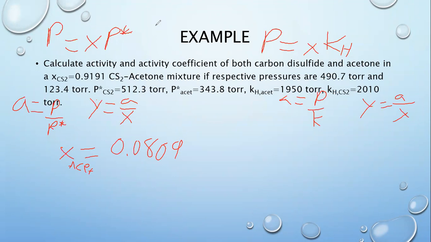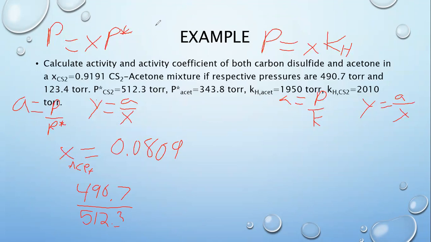Now the respective pressures. Let's start with CS2. The activity of this is 490.7 divided by 512.3.